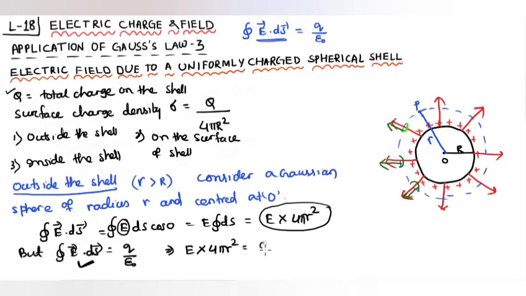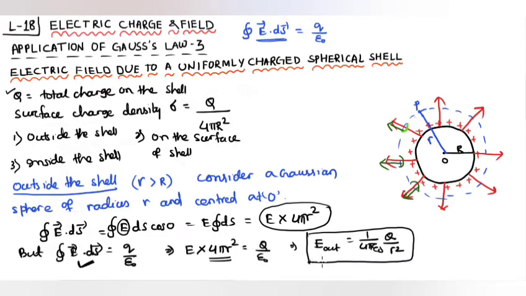So I can write capital Q by epsilon naught. That implies, bring this term 4 pi r square to the right side. So you will get the expression for the electric field outside the shell, E out is equal to 1 by 4 pi epsilon naught q by r square. Is that clear?